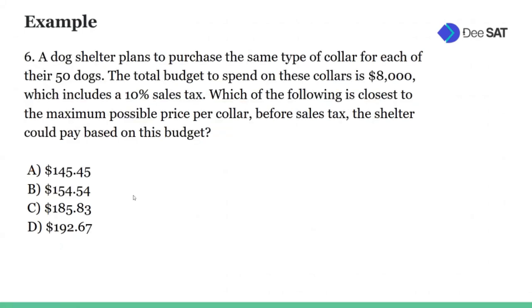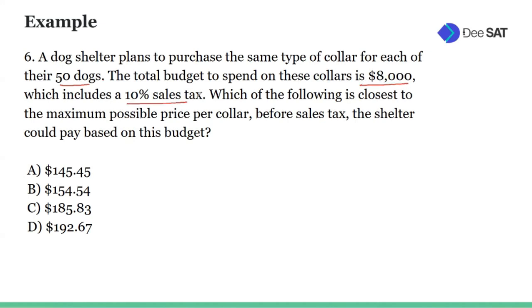Let's have a look at another question, question number 6. It says a dog shelter plans to purchase the same type of collar for each of their 50 dogs. So they've been purchasing collars for their dogs. So 50 dogs they've been purchasing for. The total budget to spend on these collars is $8,000, which includes 10% sales tax.